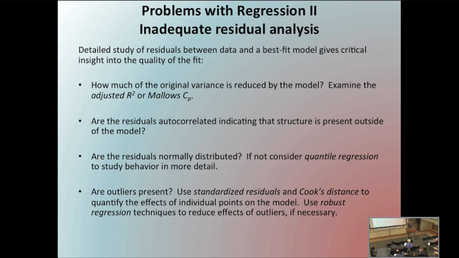R has an entire page of 70 packages that do nothing but robust regression, for ways of treating outliers. The main problem is, which one do I use? Try a couple and see if they come up with results you like. There's not much mathematics to guide you on which procedure to use. There's some mathematics, but it's not perfect.